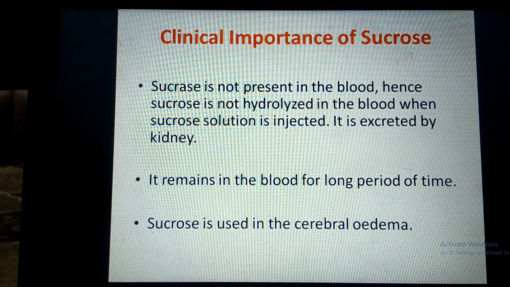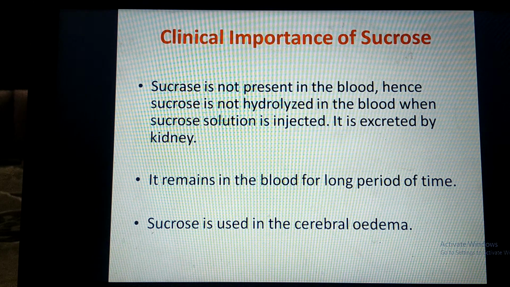Clinical importance of sucrose. Sucrase is the enzyme which is responsible for hydrolysis of sucrose, and this sucrase is only found in the intestinal epithelial cell. Therefore, sometimes sucrose is given intravenously to the patient to decrease the cerebral edema.